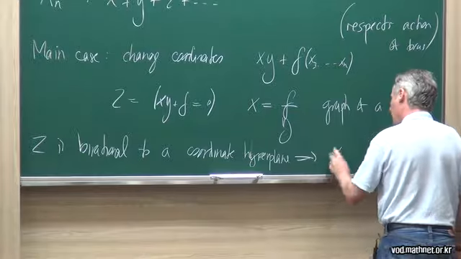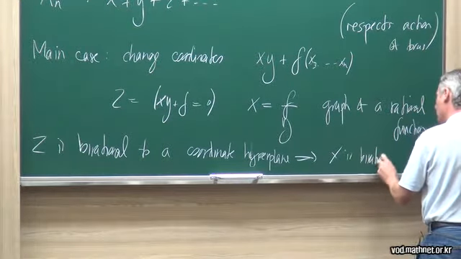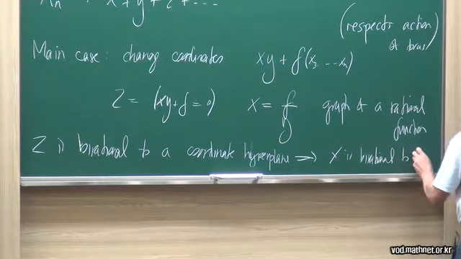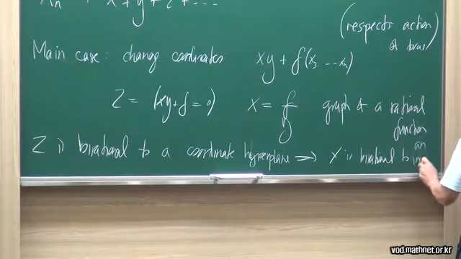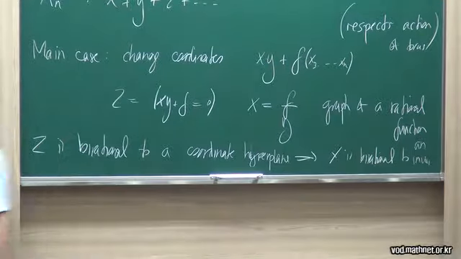And then that implies that X is birational to an invariant divisor. But if it's birational to an invariant divisor, it's birational to something that's rational. In other words, it's rational. So that's why it's rational. Yeah, so it's kind of an interesting argument, right?